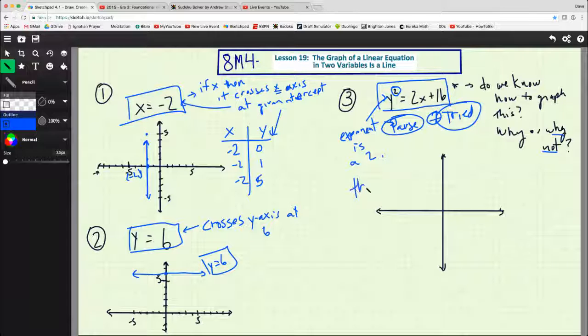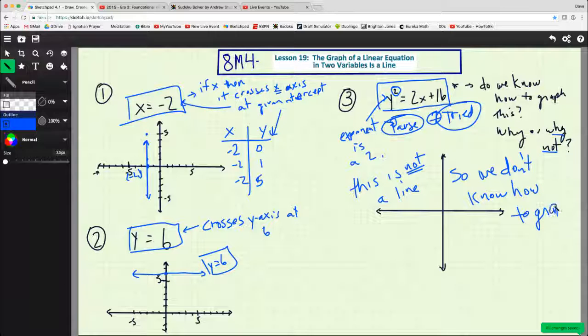So this is not a line. So we don't know how to graph it. And there we have it.